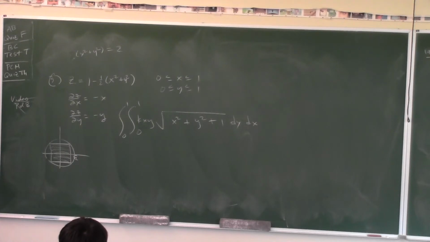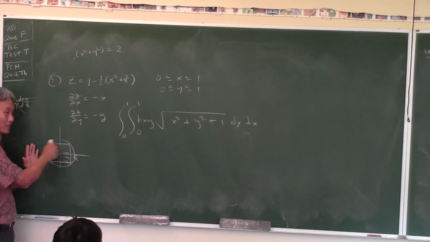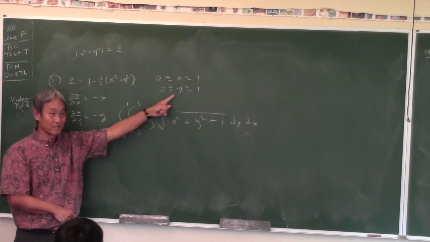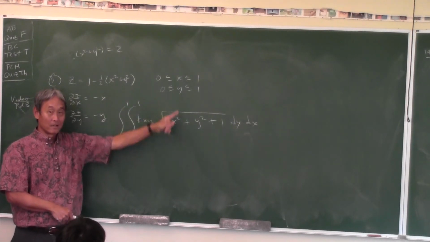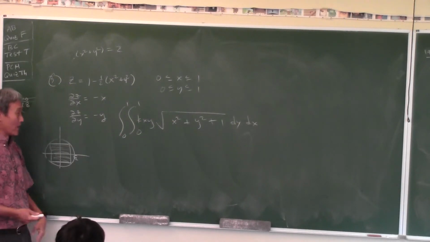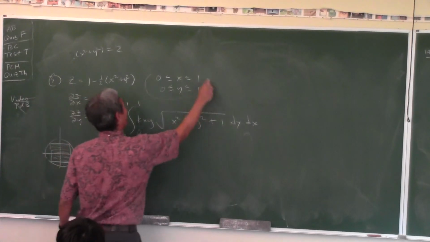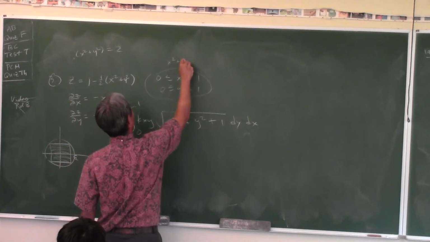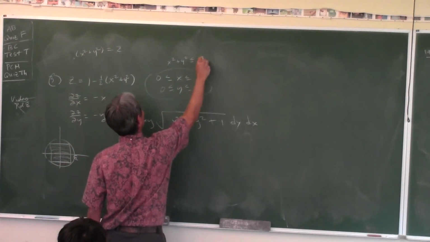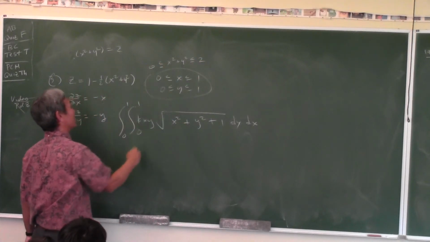Now we can do that, use substitution, right? First of all, you understand what I'm talking about here? It's not the whole circle because they tell you this. Otherwise they would have said x squared plus y squared is less than or equal to 2. I guess they would have put that, but that's kind of redundant.